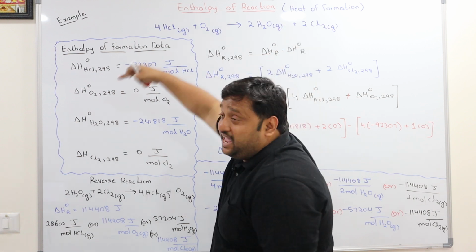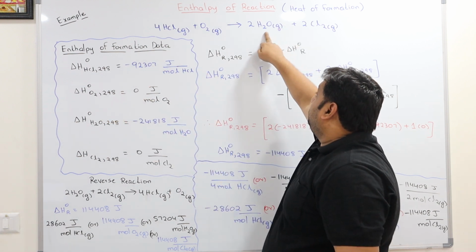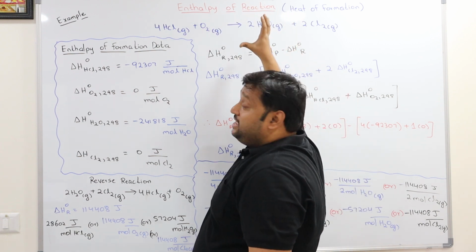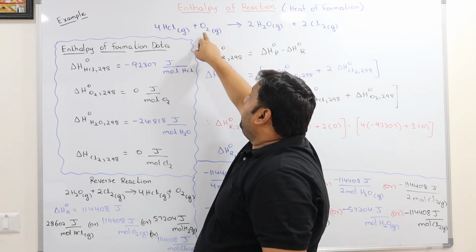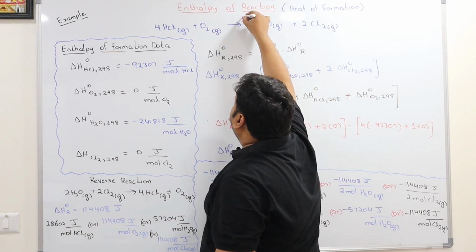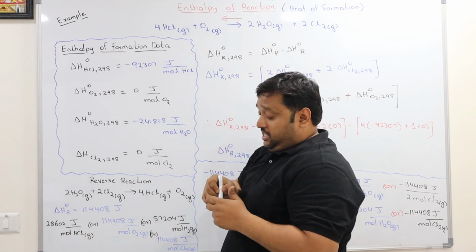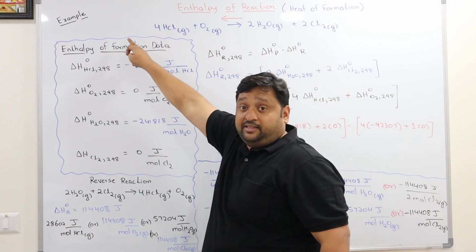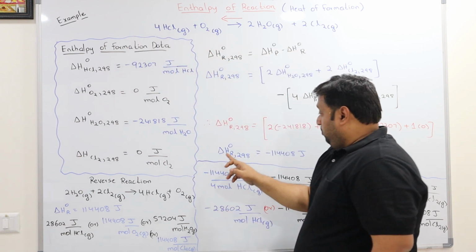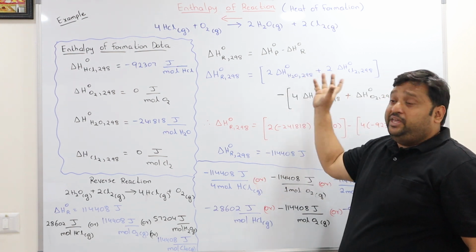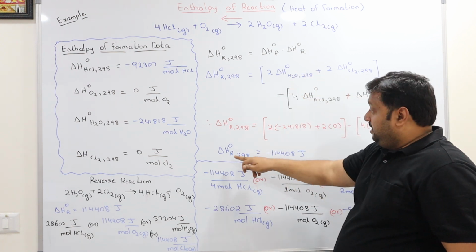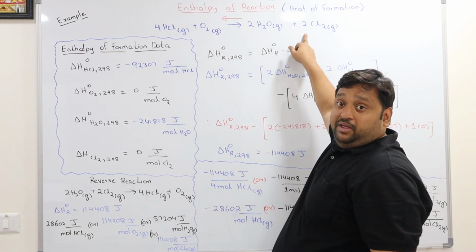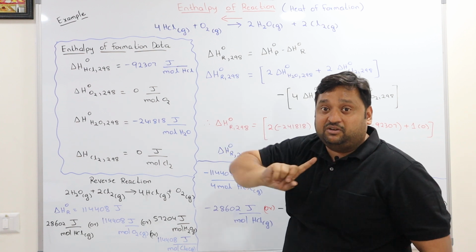Let us see what happens in the reverse reaction. In the forward reaction, 4 moles of HCl and 1 mole of oxygen react to form 2 moles of water and 2 moles of chlorine. If you consider the reverse reaction, the products become the reactants. If you do it the reverse way, then the enthalpy of the reaction will be positive. If the forward reaction is exothermic, the backward reaction will be endothermic.